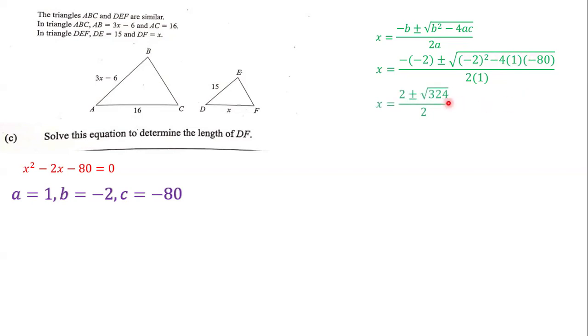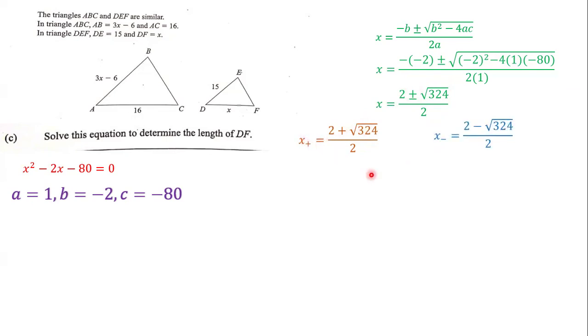And so when we evaluate that, we get 324. So we have that x is equal to, note that a negative times a negative is a positive, so we have a positive 2. So x is equal to positive 2 plus or minus the square root of 324 all over 2. And so we're going to do x positive, which means that the positive sign is going to be in between these two terms. That's what we mean by x positive.